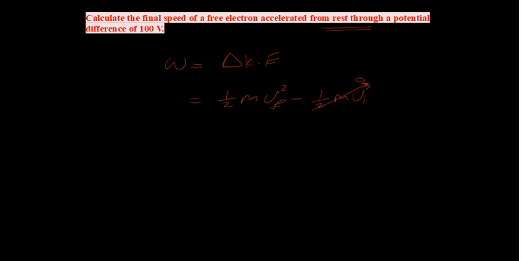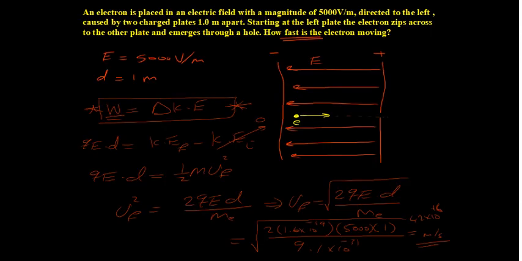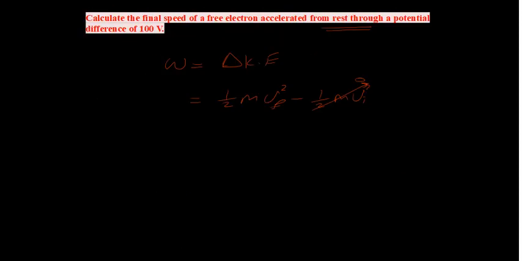Now in our previous example we used the formula q times the electric field times the distance. In this example I'm not going to use this formula because I don't have an electric field. I only have an electron and a voltage difference between the two plates.